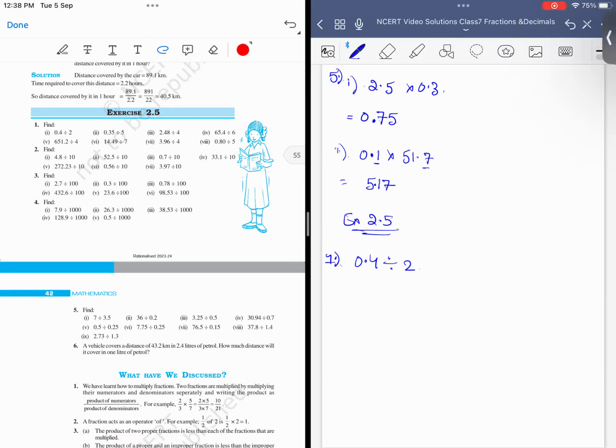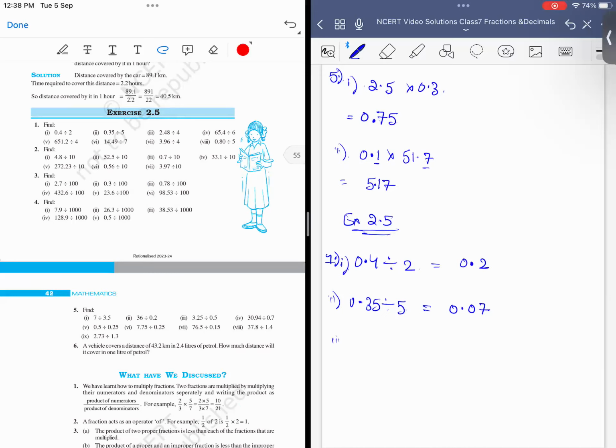Forget for a moment that there is a decimal. 4 divided by 2 is 2. And since the decimal is after one place, we put the decimal, that is 0.2. Likewise, the second question, 0.35 divided by 5. We know that 35 divided by 5 is 7. Since the decimal is after 2 places, we put the decimal after 2 places from the right, that is 0.07.